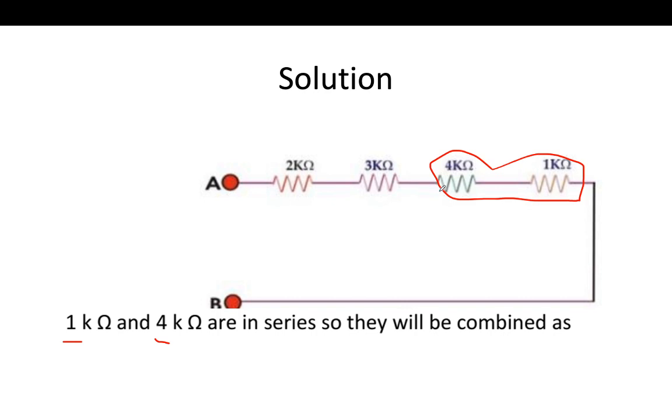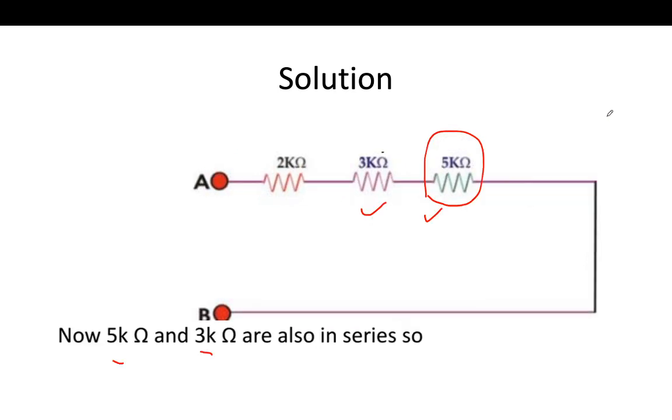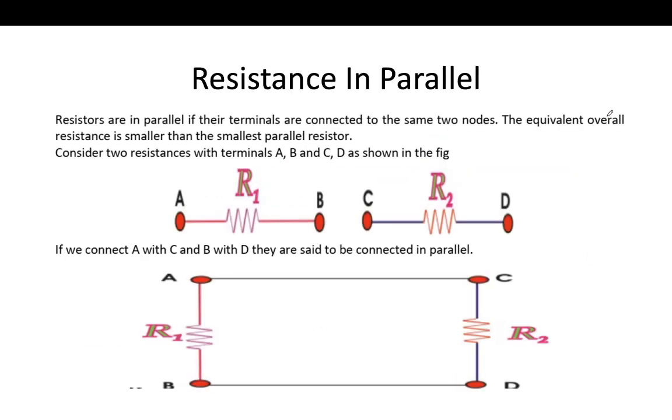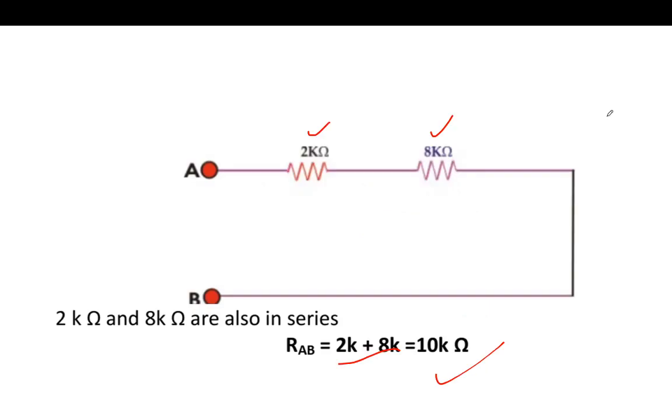From any side you can start solving the circuit, but it's better you start from the right side, because this is only series. In exams you will get series and parallel combined. So when there is a combination, don't start from the starting point, try to start from the right side. So this was the resistor in series.